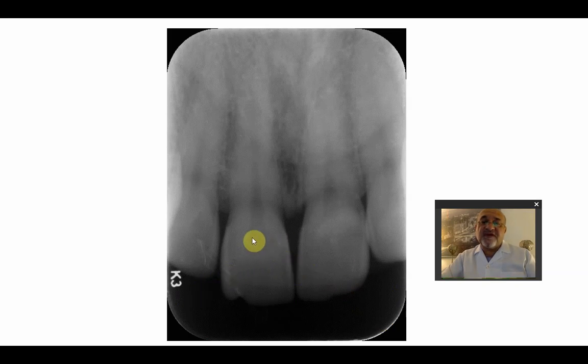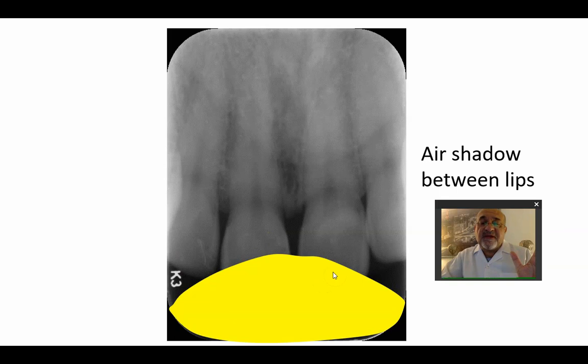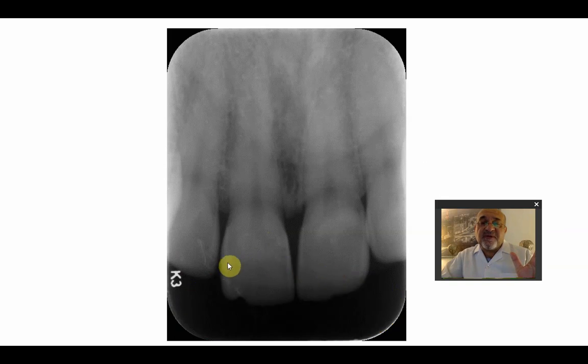So what you see here, this radio opacity, is a shadow of the lip plus the enamel plus the dentine of the crown. While from this part downwards, what you see is the air shadow, which casts nothing, plus enamel plus dentine. That's why this area appears more radio opaque.